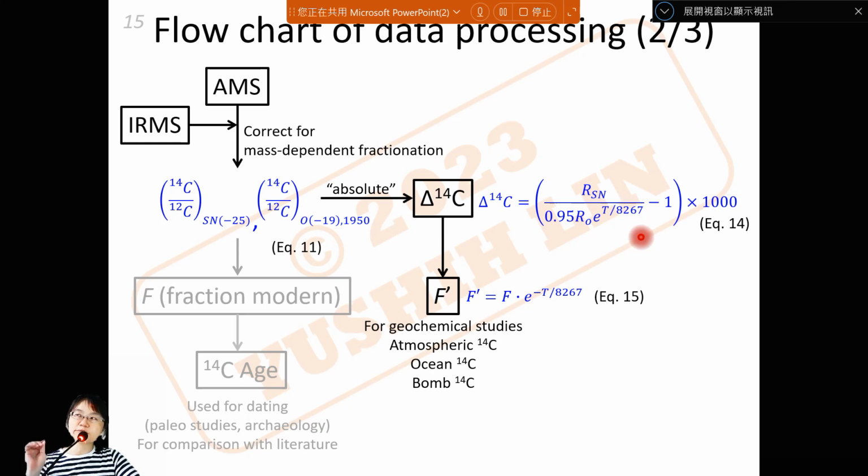This kind of very precise value is usually for geochemical studies. For example, when you want to report the atmospheric delta C14 and its change over time, you will not use this. People will simply report big delta C14 for atmospheric C14 reconstruction, bomb C14 reconstruction, and oceanic C14 reconstruction.